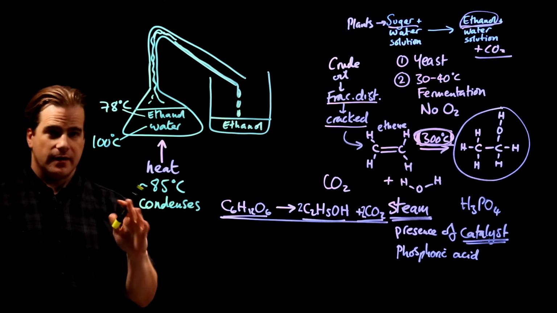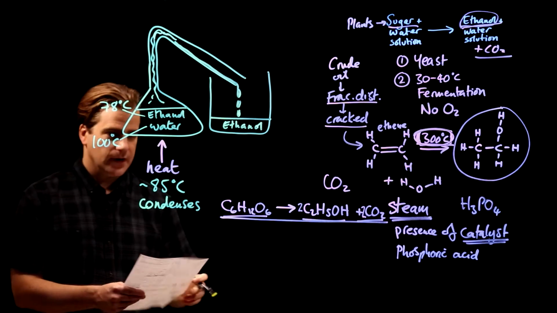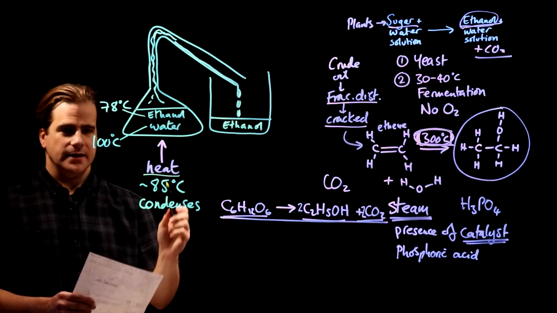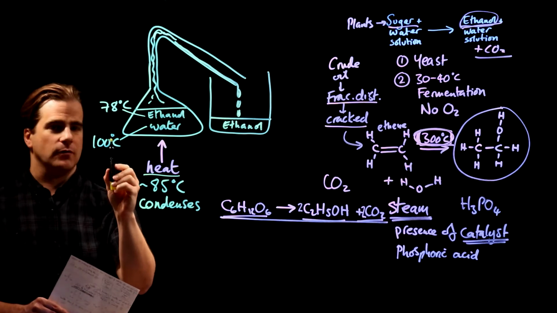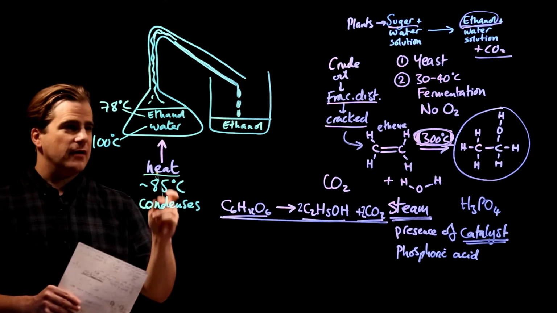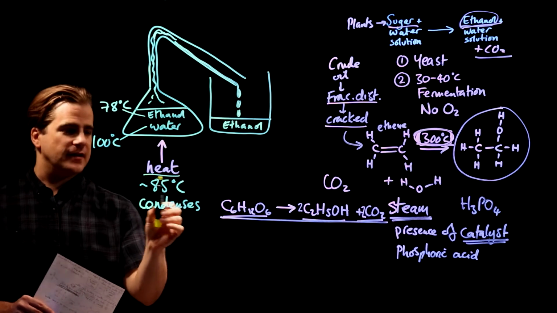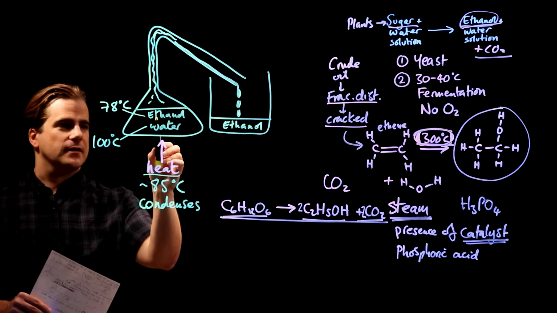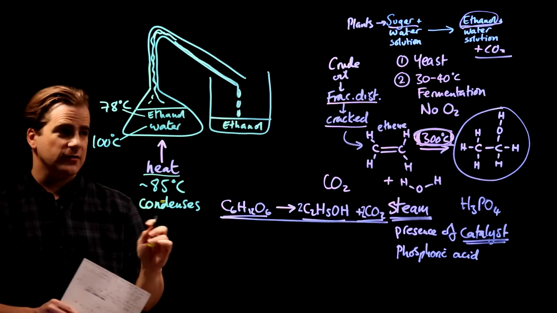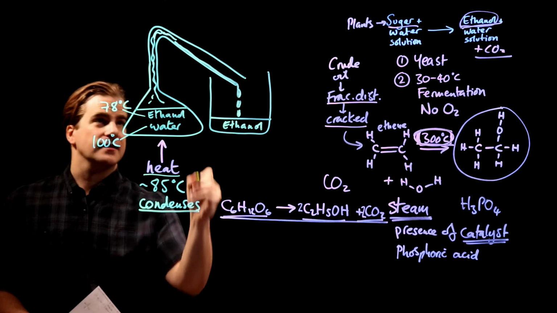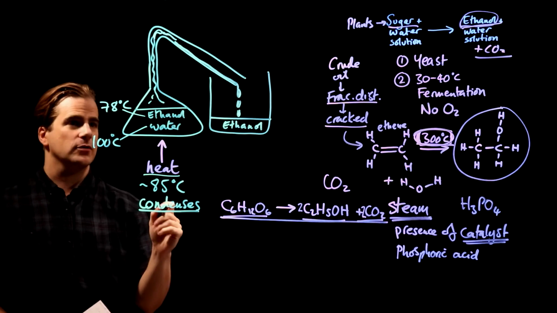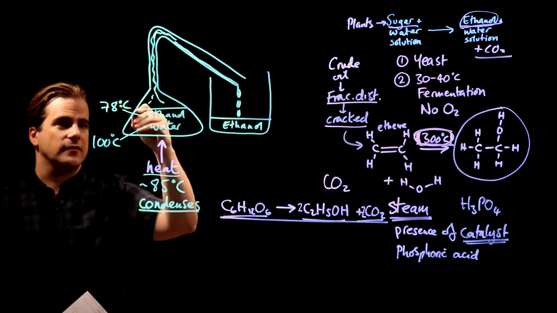So, to get the marks, the word heat gets you a mark. Saying that ethanol boils at a lower temperature than water, and therefore, if you heat it to 85, it vaporizes and the water doesn't, that gets you a mark. And saying that it condenses as it falls back below its boiling point.